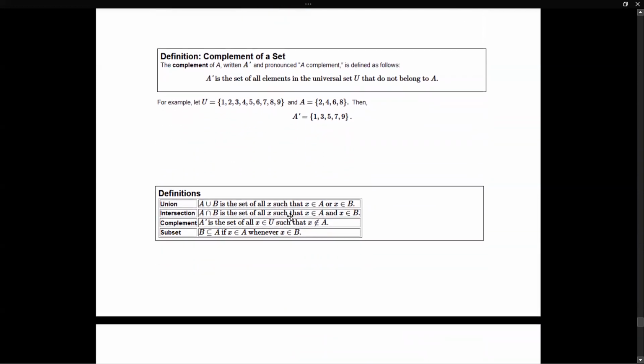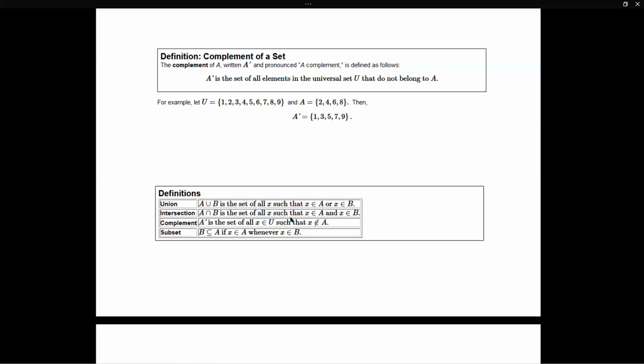There is something else we talk about, which is the complement. If you did geometry, then you know what the complement is. For example, for a 90 degree angle, the complement of 30 is 60 degrees. So it's the other part. Same thing here.